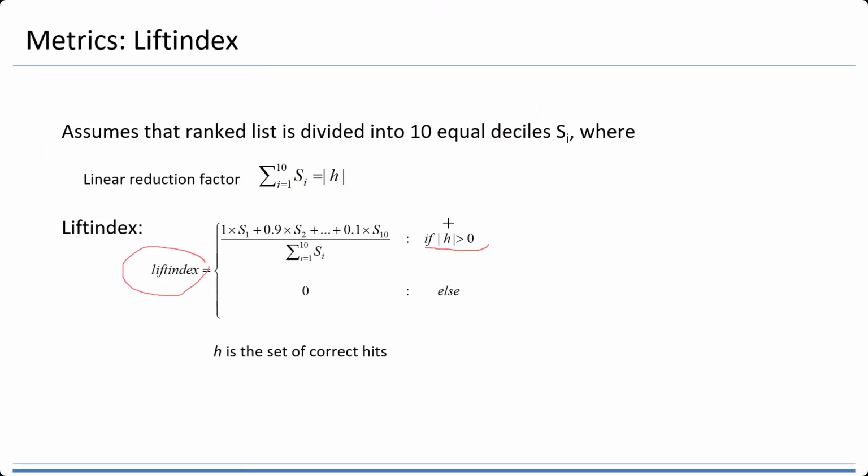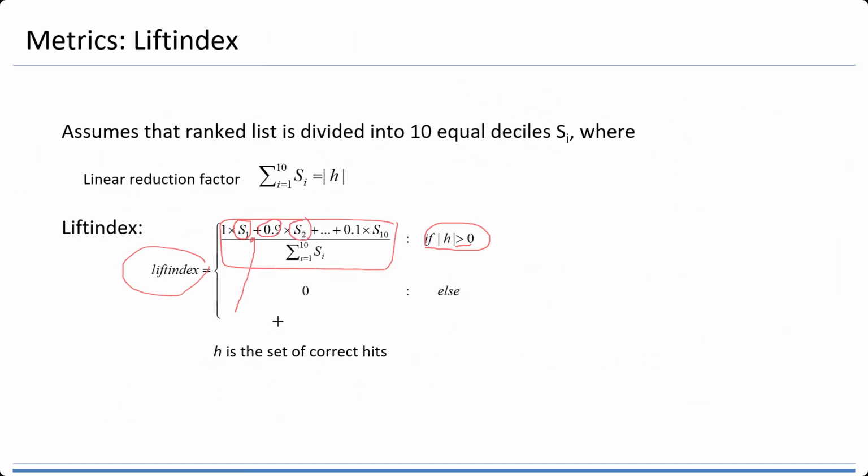If the hits, or the number of correct items that has been hit, is higher than 0, we will calculate with this formula. 1 multiplied by S1. S1 means the item in the position decile 1, plus 0.9 multiplied by S2.